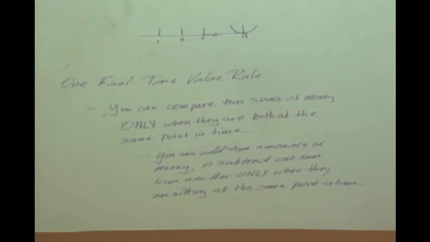Often, we'll have to consolidate our annuity into either a present value or a future value, and then move that lump sum to a desired point in time. We'll see that in some of the problems we work later.